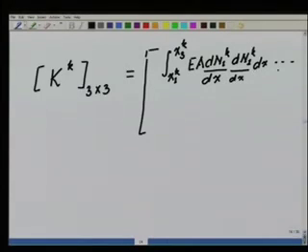EA d n1k dx into d n2k dx is the second column entry, and d n1k dx into d n3k dx is the third column entry.